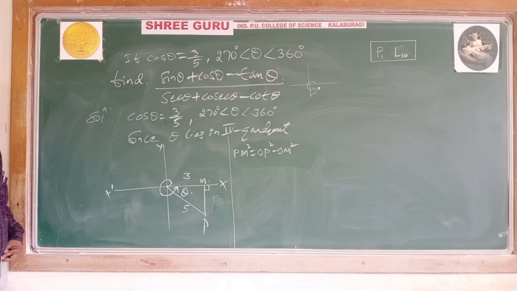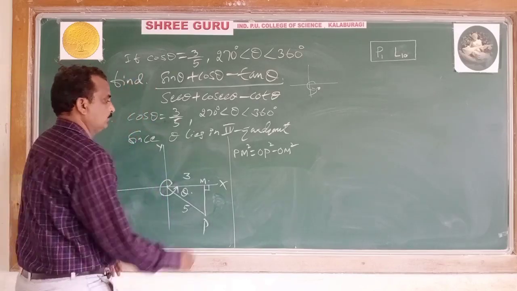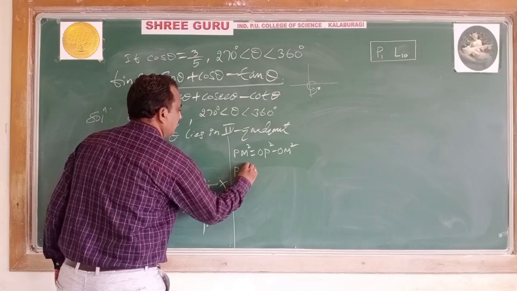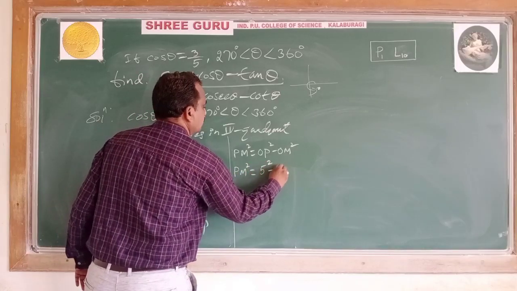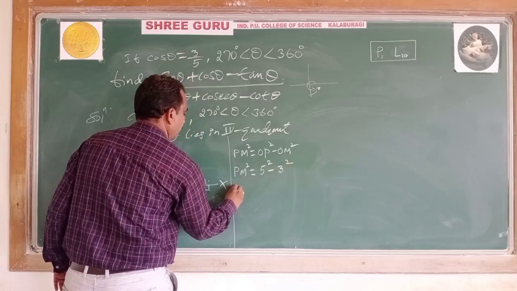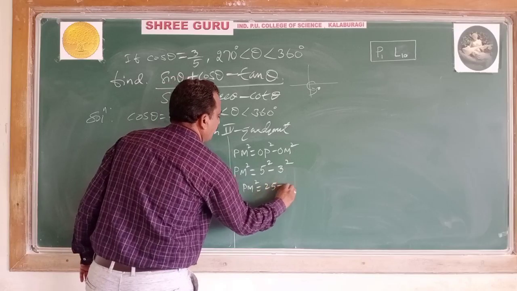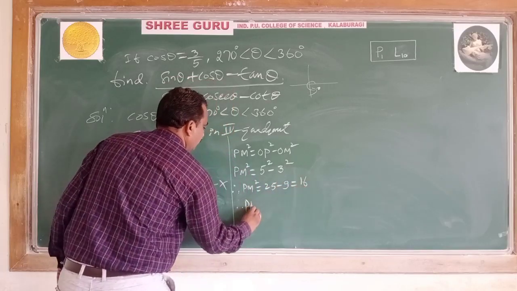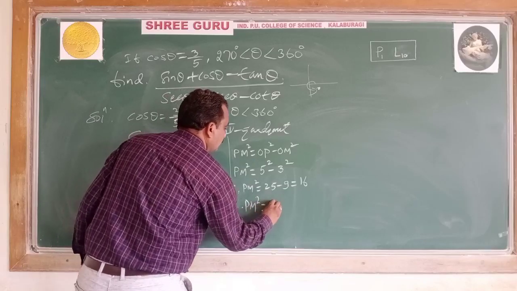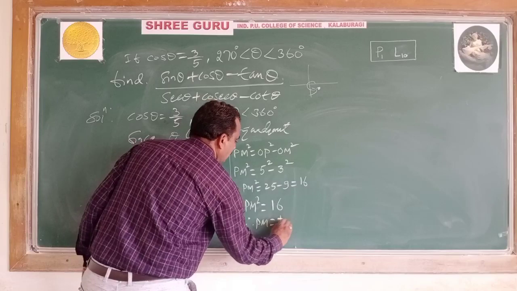What is OP square? 5 square. What is OM square? 3 square. Therefore, PM square is equal to 25 minus 9, which is 16. Therefore, PM is equal to plus or minus 4.